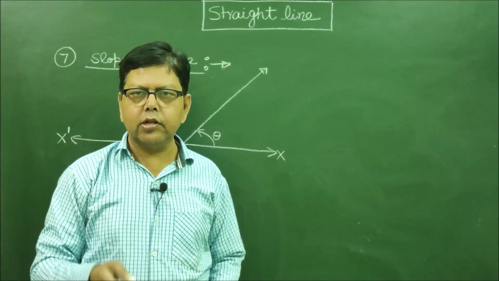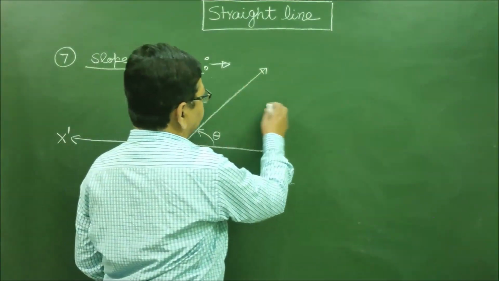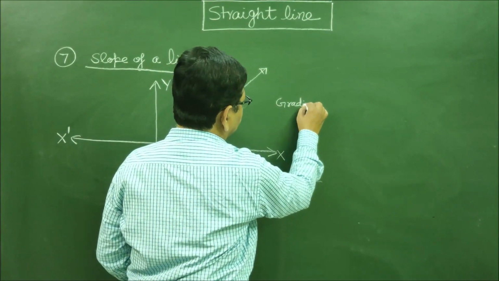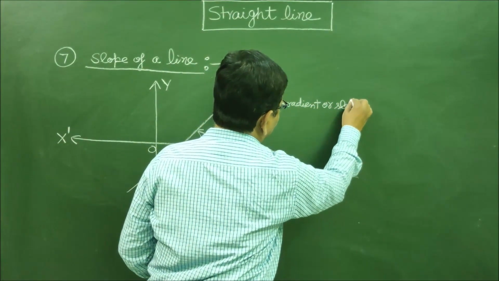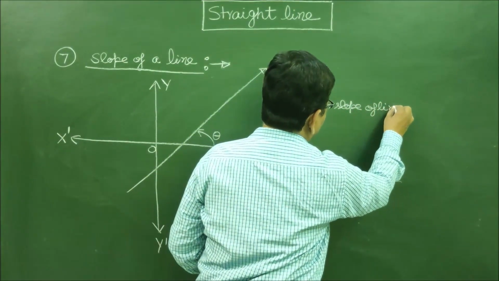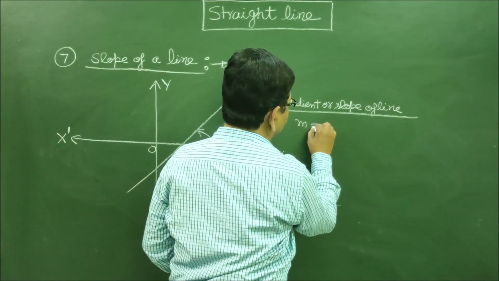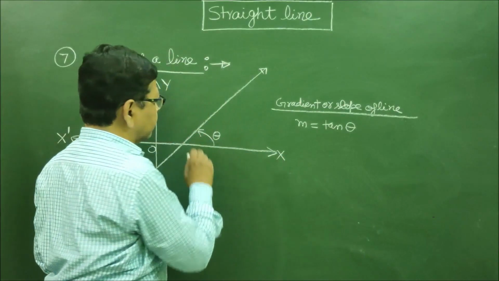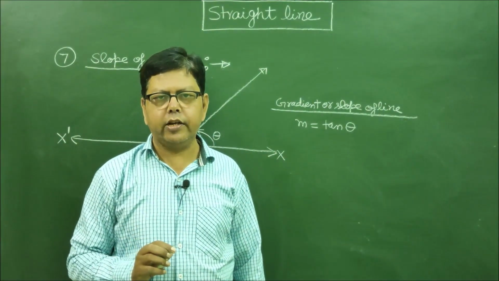The angle must be taken in the anti-clockwise sense. Then the slope of this line, which we also call the gradient, denoted by m, is equal to the tangent of the angle it makes with the positive direction of the x-axis. m is equal to tan theta.